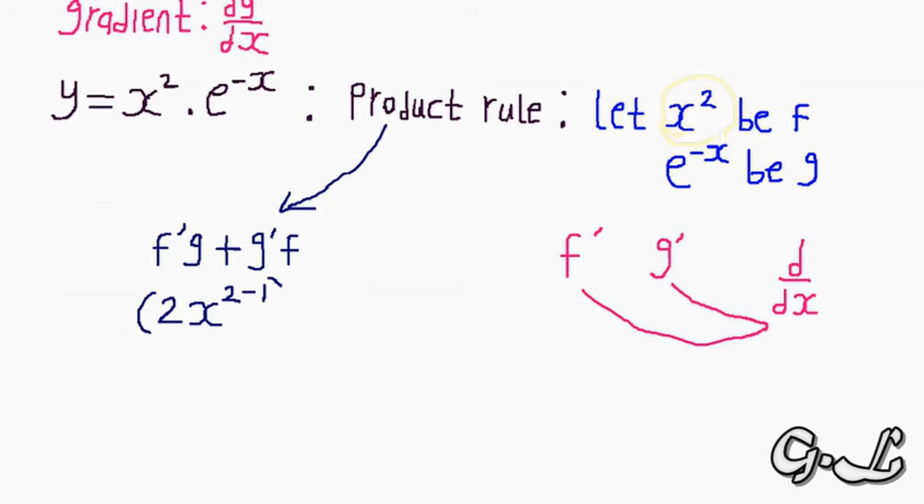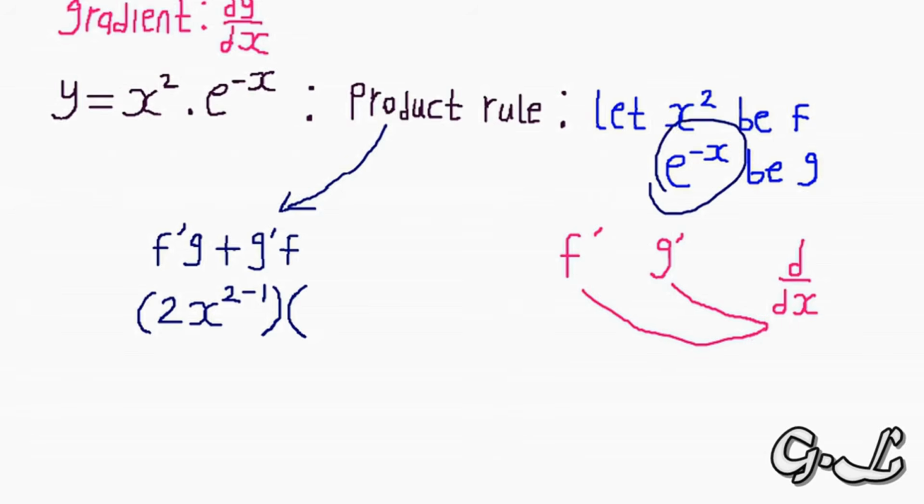According to the previous tutorials, the way we differentiate is to first multiply by the power. The variable is holding the power of 2, and 2 is going to be multiplied by the base term, x. After you do this, you have to subtract 1 from the power. So the overall f prime is going to be 2x to the power 2 minus 1.